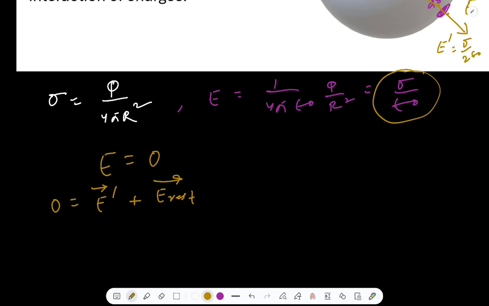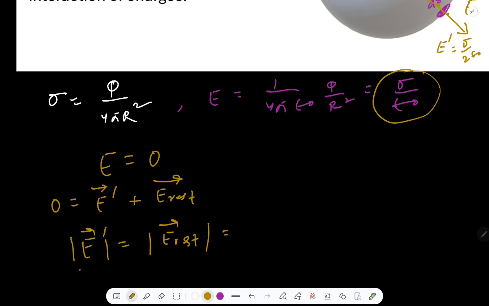The vector equation says many things. One of them is that since the net electric field is 0, both these electric fields should have equal magnitude and opposite directions. I'm considering magnitudes, and I can write here that these two things are the same.